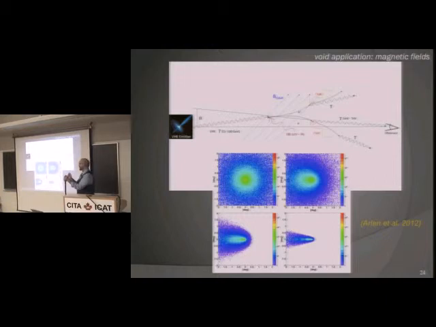So if you're able to point, say, the VERITAS instrument at a blazar, and you see a halo, and you know that there's a void between you and the emitter, you can put constraints on magnetic fields inside of voids. And if there's no way for magnetic fields to break out of clusters into the voids, then this tells you about primordial magnetic fields, which is a very interesting project, and Tim Arlen's working on this.